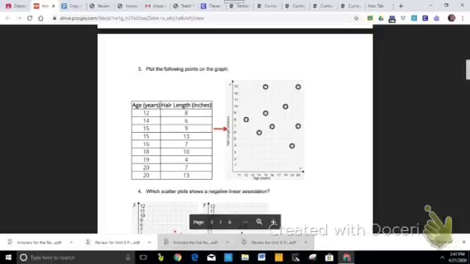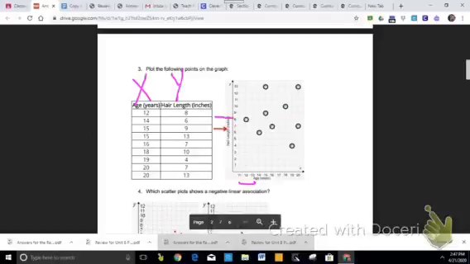Number 3, all you have to do is remember that we are taking our graph and plotting it on our coordinate plane. Remember what Mr. Q always says. They said age first, so age is our X and hair length is our Y. So we go to X is 12 and Y is 8.